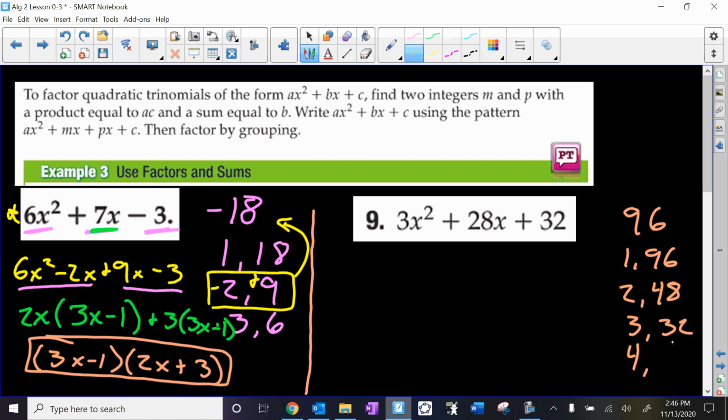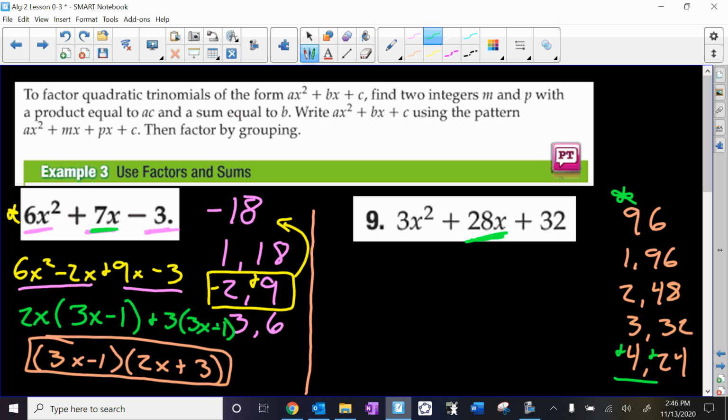If we do 4, 96 divided by 4 is going to get us 24. And this one I like. I can take positive 4 and a positive 24 to get me a positive 28. And if I multiply 4 times 24, it also gets me positive 96, which is what we want.